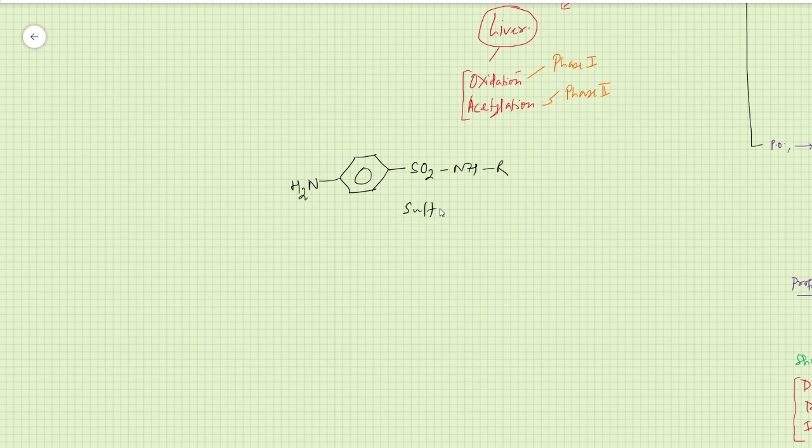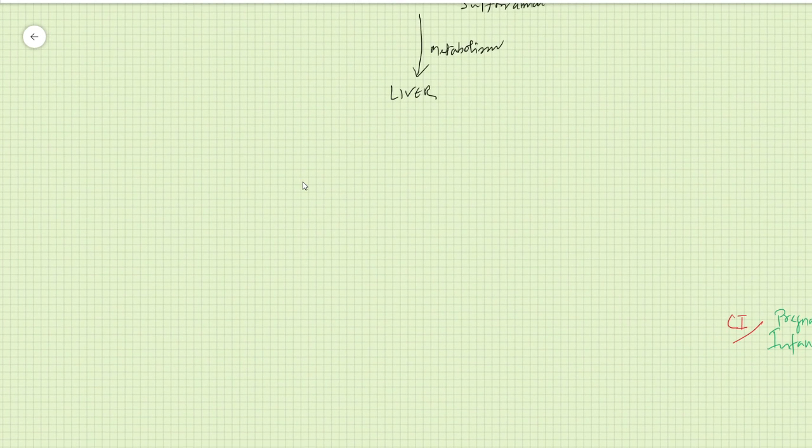So let's say this is sulfonamide, and it undergoes metabolism, which is the site we talked about, liver. Okay, and what are the two main reactions happening in the liver? Oxidation and acetylation. So let's write here, it undergoes N-oxidation.